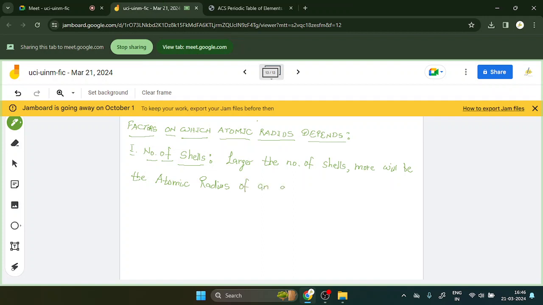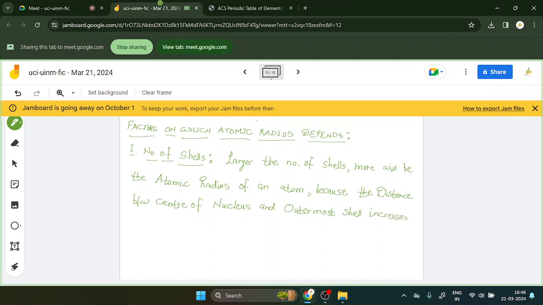Why? Because the distance between the center of the nucleus and the outermost shell increases. Clear about this?